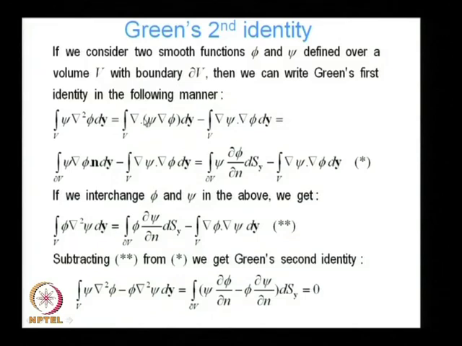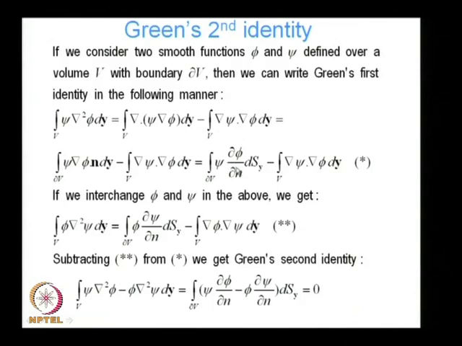So the divergence of psi grad phi becomes psi grad phi dotted with n over my surface, minus the same remaining part, the gradient of psi dotted with the gradient of phi.